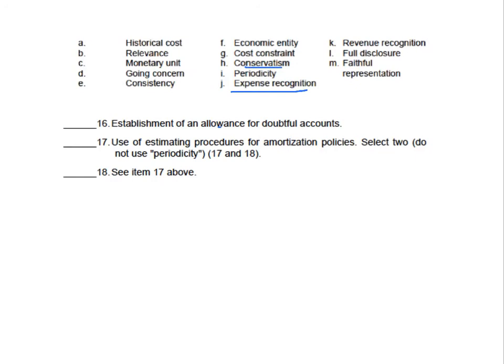I think both of those, expense recognition and conservatism, are reasonable arguments, but J is better. I'm going to list it first, and then H. Because even if we get rid of conservatism, as FASB has tried to do, we still are going to have the allowance. That's because of the expense recognition. So I'd put J first.